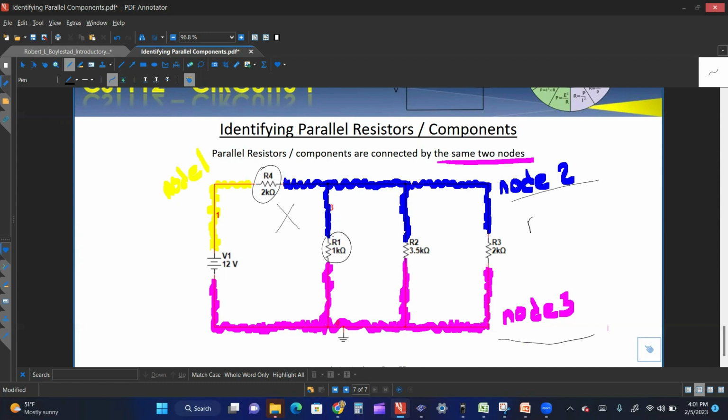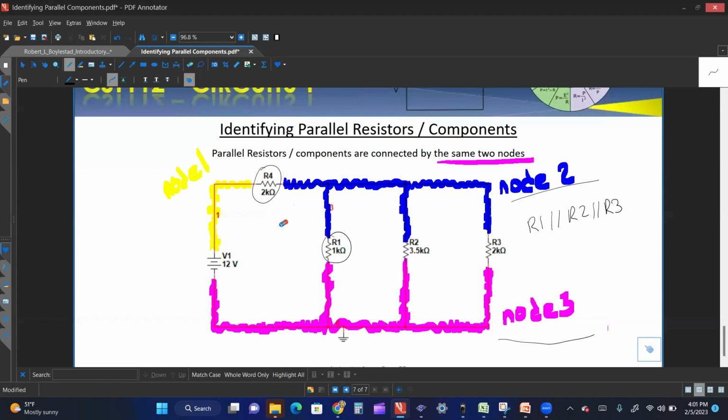So R1 is in parallel with R2, which is parallel to R3. And I'm getting a little ahead of myself because this is actually a series parallel network, which we'll get into a little bit later.